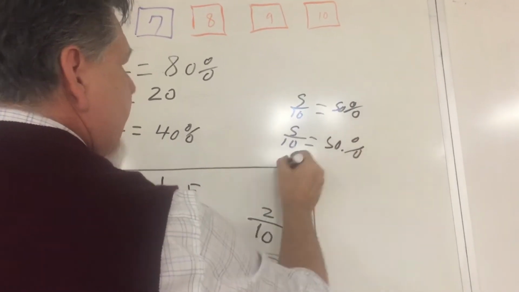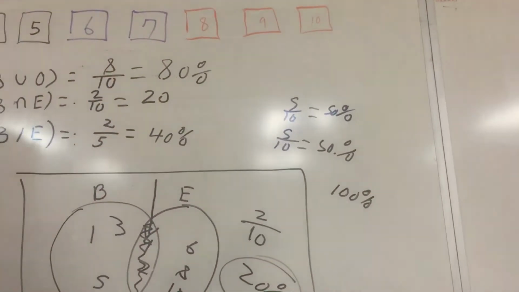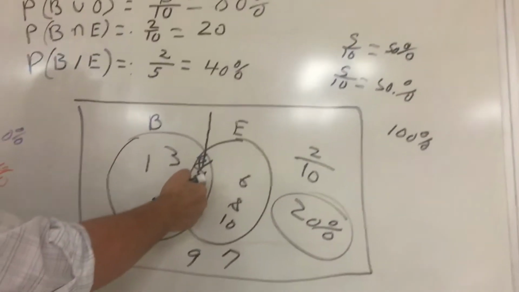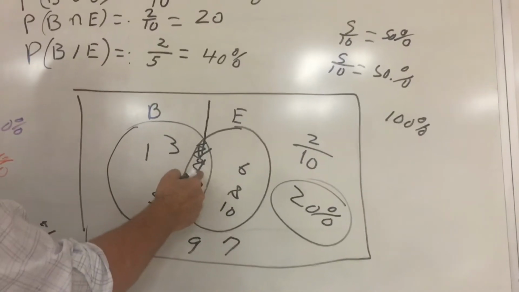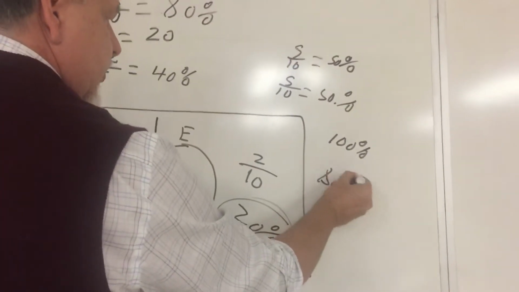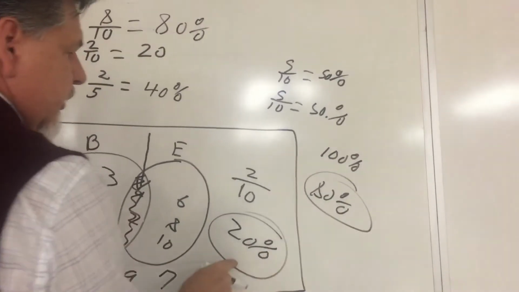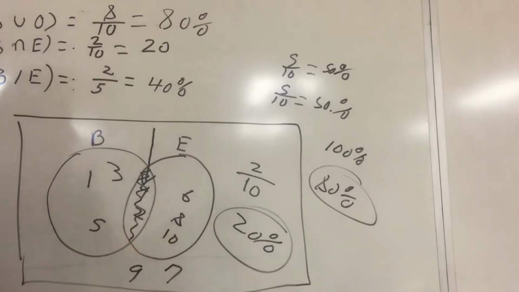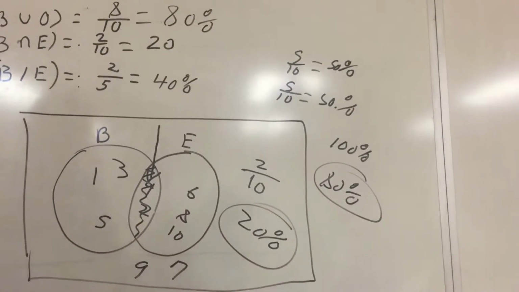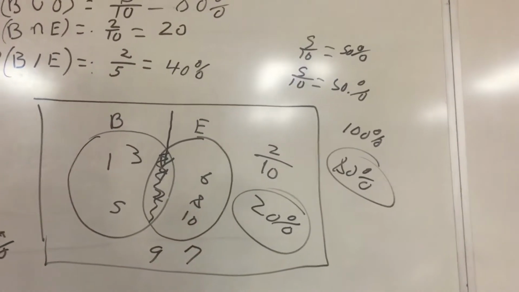So I can't add those together, that would equal 100%. So what I have to do is subtract what's left in the middle, that 20%. So if I add these up, it would be 80%. And so I'm left with that 20% in the middle. So my actual probability of pulling a block that's black and even, both together, is only 20%.